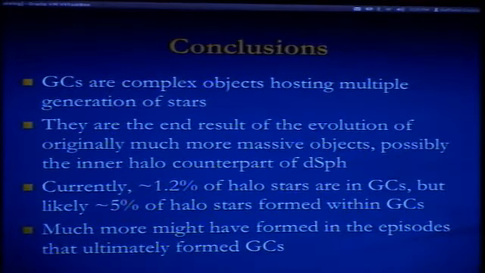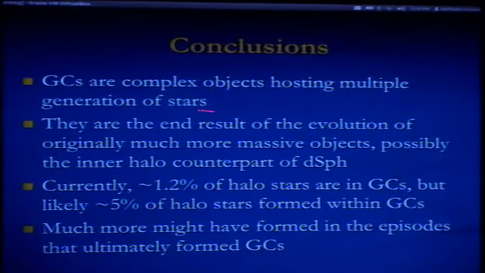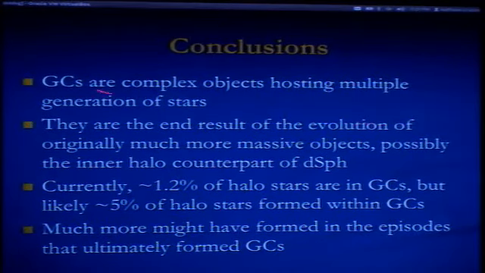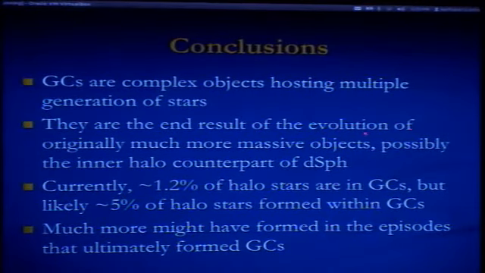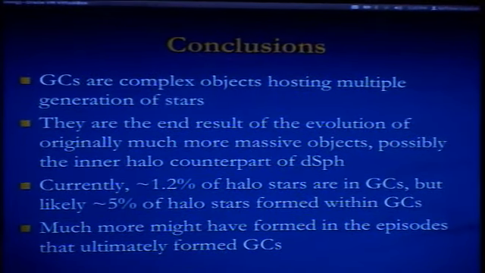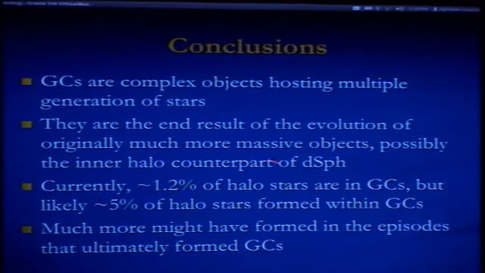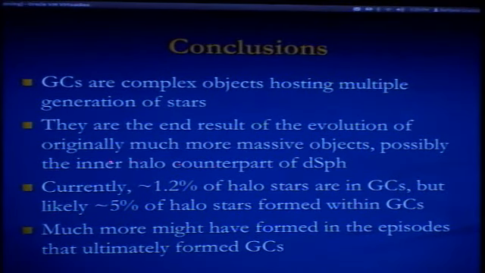So what I tried to convince you of is that globular clusters are complex objects hosting multiple generations of stars, that they are the end result of the evolution of originally much more massive objects, and that these objects are possibly the inner halo counterpart of dwarf spheroidals.